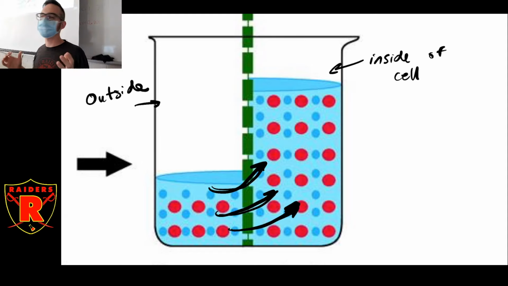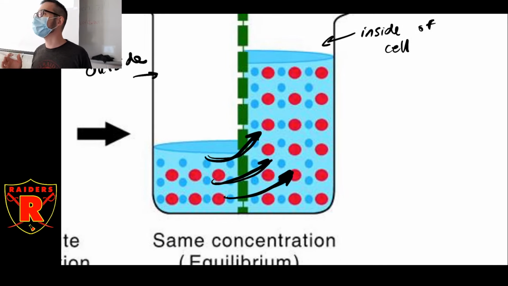So if your brain gets larger inside of your head, you can squish your brain cells against your skull and it causes them to die. It's really serious, okay? And this can happen in other areas in your body too. It can happen in muscles and things like that, depending on what's happening chemically inside your cells. So you need to balance solute inside and outside of the cell to regulate water movement so that there isn't water going in and out of the cells inappropriately, okay?